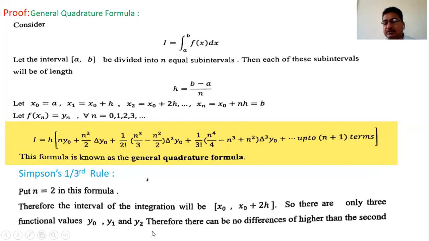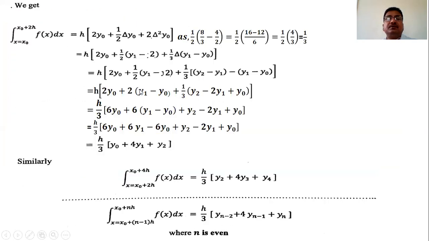is equal to h times, n means 2, so 2y naught plus, n square means 2 square is 4. So 4 by 2 is what? Is 2, not 1/2, is 2.